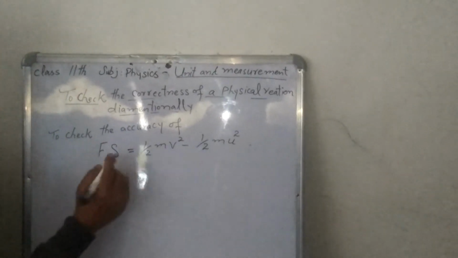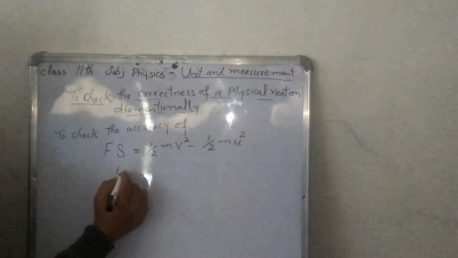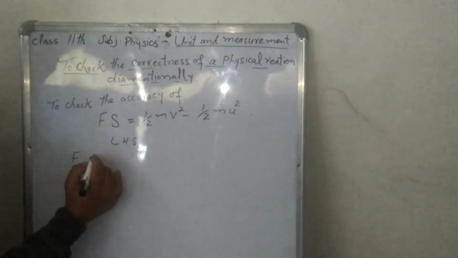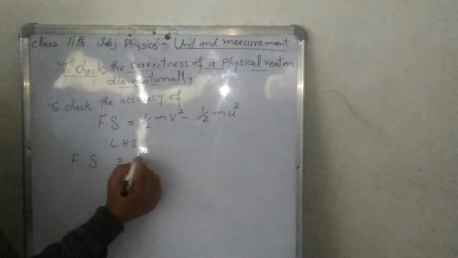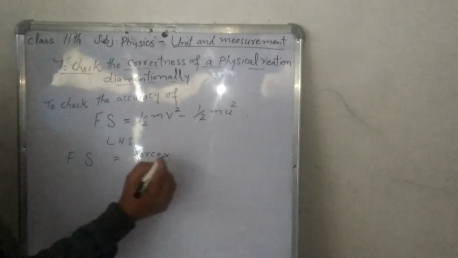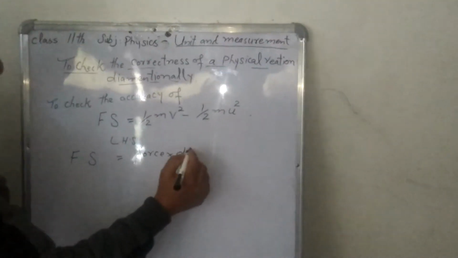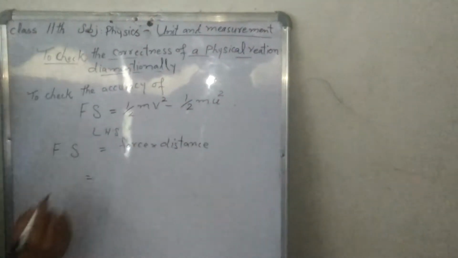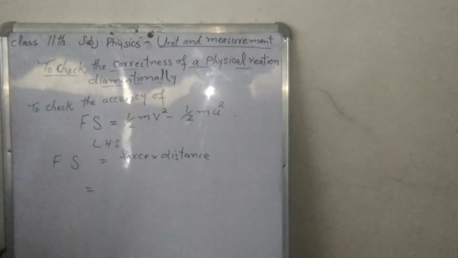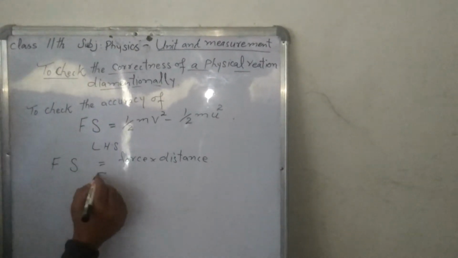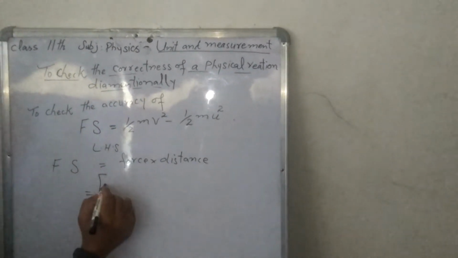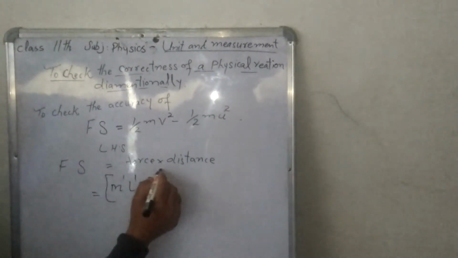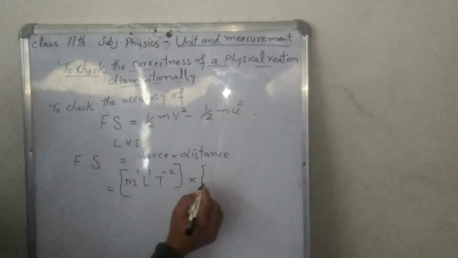We will check the dimensions of the left hand side. Our left hand side is F into S, that is F is force into S is distance. Now we will write the dimensions of force. Dimensions of force are M1 L1 T minus 2 into dimensions of distance.